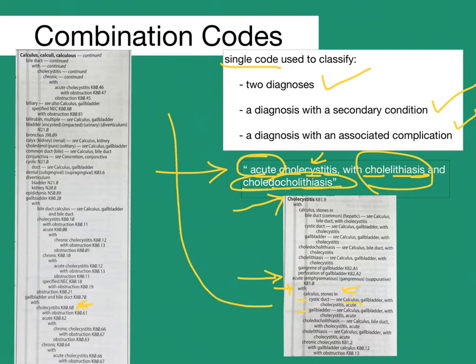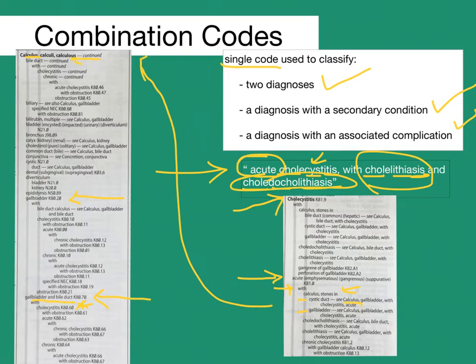So here we're still in the alphabetic index, this time with the main term of calculus. And look closely here at the subterms. We have a subterm for bile duct, but we also have one for gallbladder. Oh, but wait, down here we have a combination one for gallbladder and bile duct.